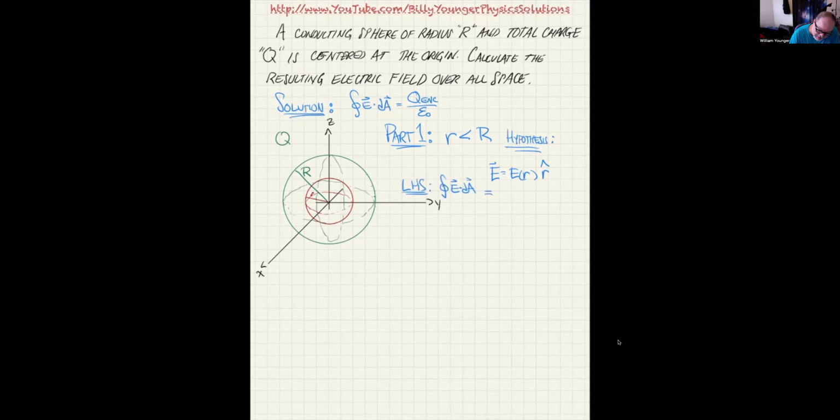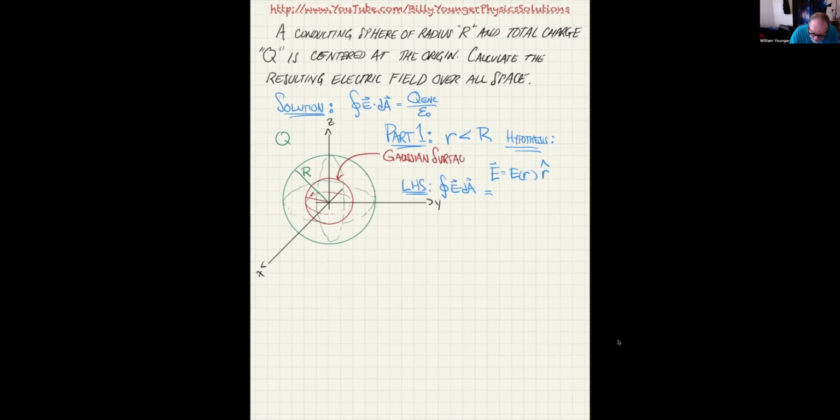But I need to figure out what dA is. dA has to be a little differential area element on the surface of your Gaussian surface. So this red thing is what I call a Gaussian surface.